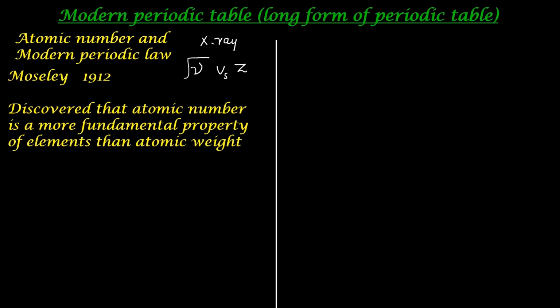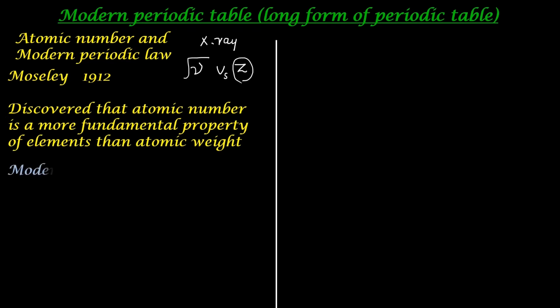He obtained a straight line graph. From this, he understood that the frequency of the X-ray emission was proportional to the atomic number. That is, the frequency of the radiation increases with increasing atomic number. So, he stated that atomic number was a more fundamental property than atomic weight.